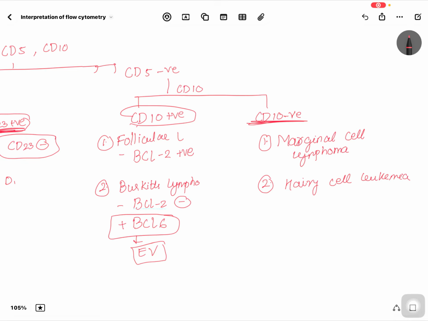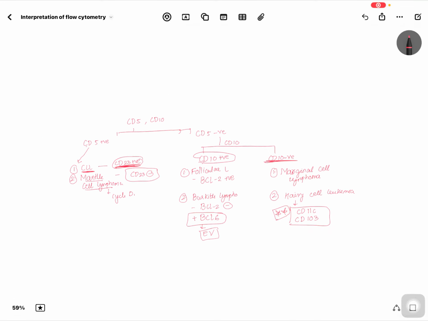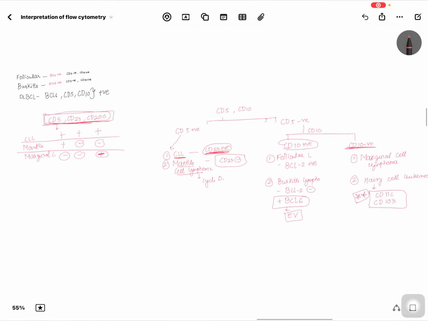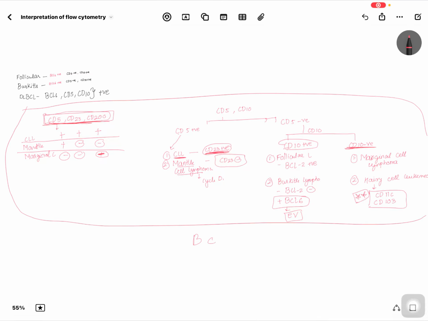Apart from being CD5 negative and CD10 negative, it also has specific markers, that is CD11c and CD103. These are the most important markers for hairy cell leukemia. Okay, so these are the B cell neoplasms which I have discussed with you and will help you solve the majority of your flow cytometry charts.